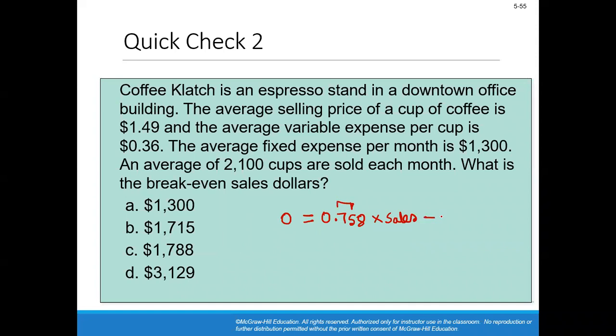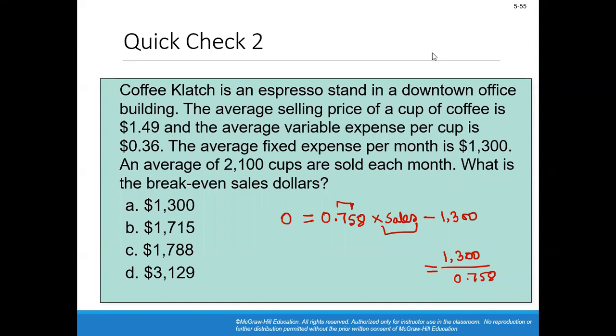And if we subtract the fixed expense of how much? 1,300. In that case, you will get sales of 1,715. Alternatively, you can do this kind of calculation: fixed expense, divide this number by the contribution margin ratio. You are expected to get the same thing.